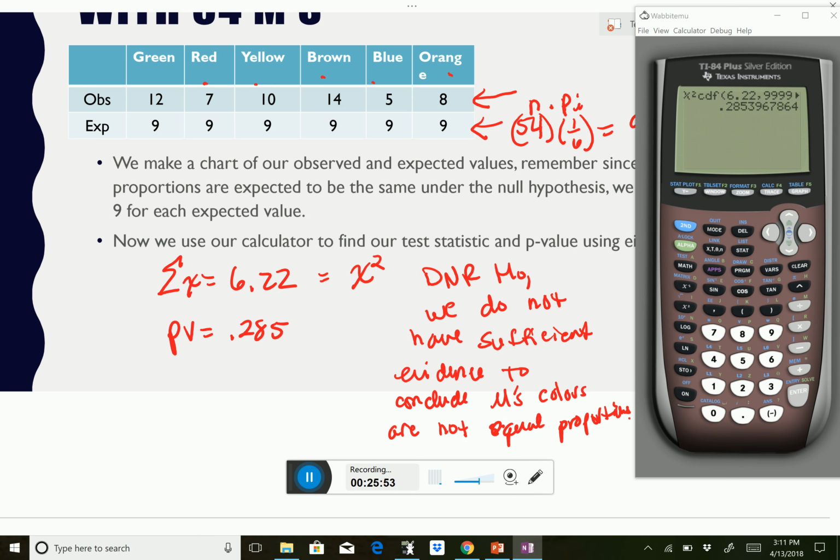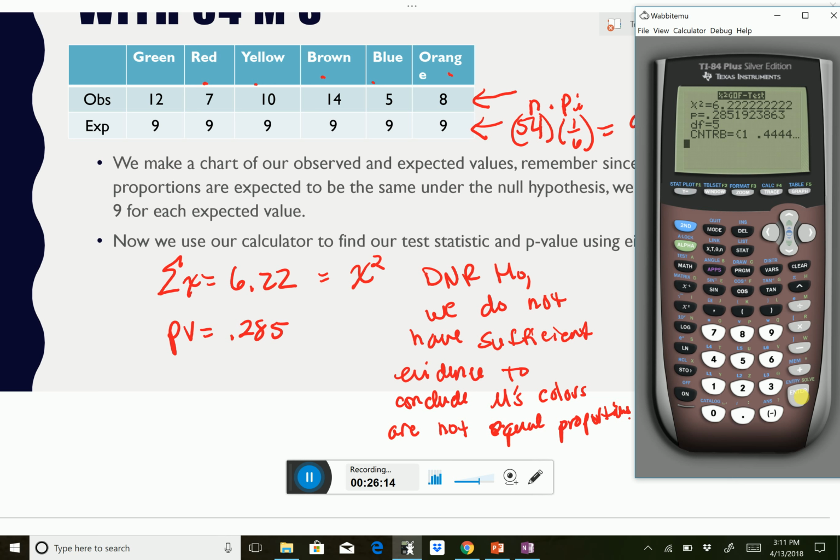Okay. So again, if I was going to do this using the goodness of fit test, which, admittedly, I'd be less likely to make a mistake on, I go up here, I hit the up arrow, chi-squared goodness of fit. Now I make sure it's list 1 and list 2, because those were the observed and expected.